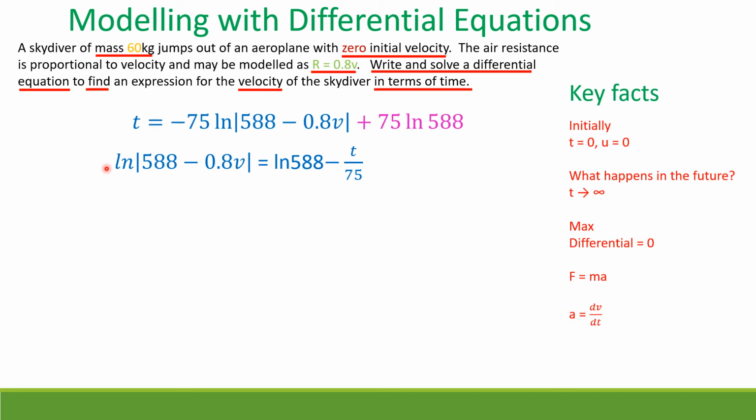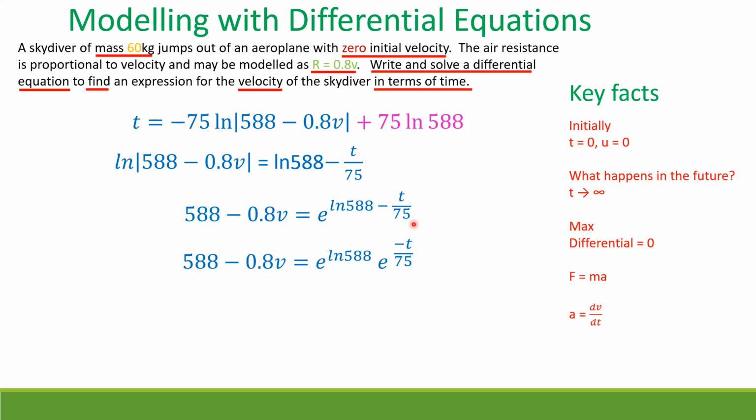From here, I need to get v on its own, so I need to get rid of this ln, and the opposite to ln is e. So 588 minus 0.8v is e to the power of ln of 588 minus t over 75. Now the right hand side is 2 powers. So rules of indices: x to the power of a plus b is the same as x to the power of a times x to the power of b.